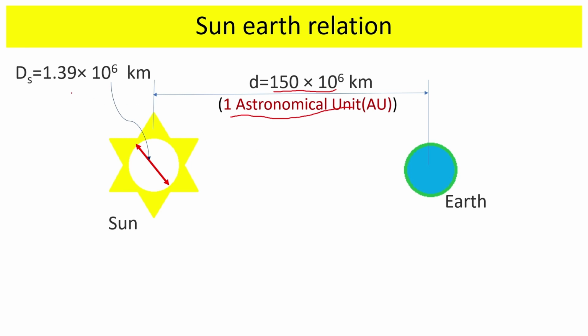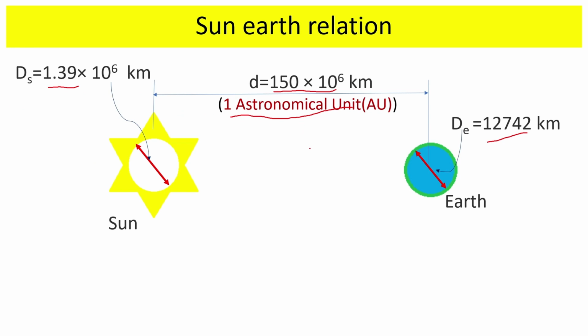The sun diameter is 1.39 million kilometer. The earth diameter is 12,742 kilometer. Now there are so many data, sun diameter, earth diameter, mean distance between the sun and the earth.